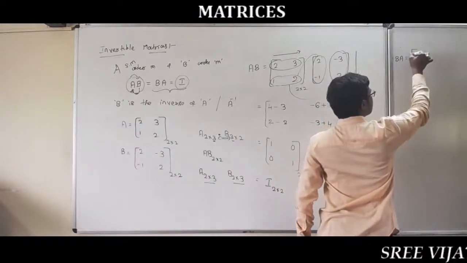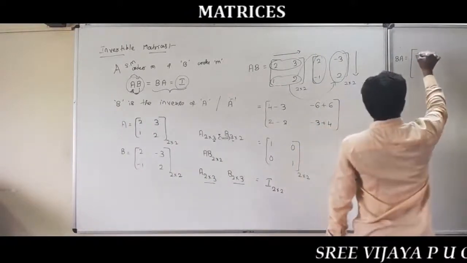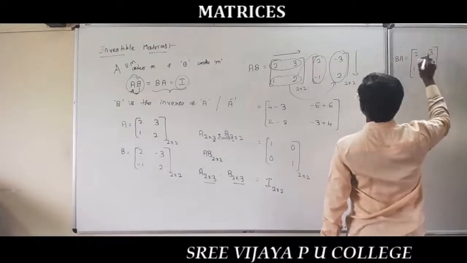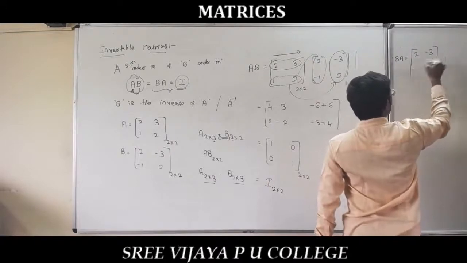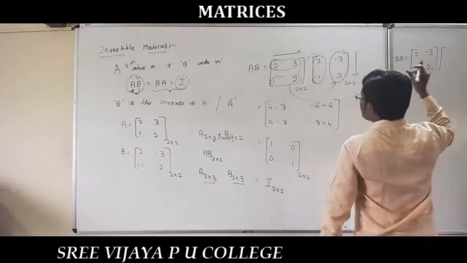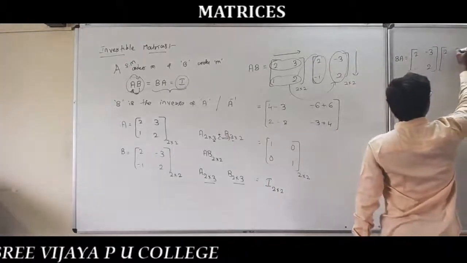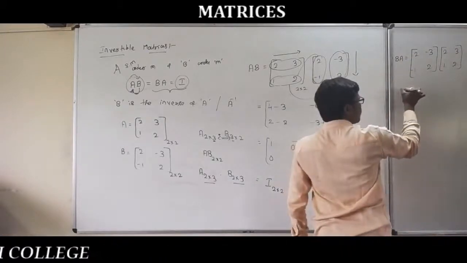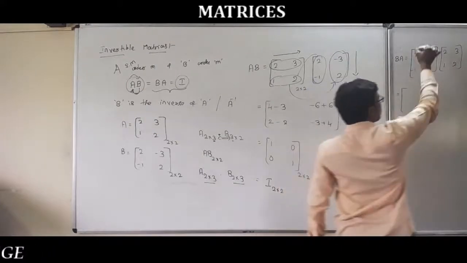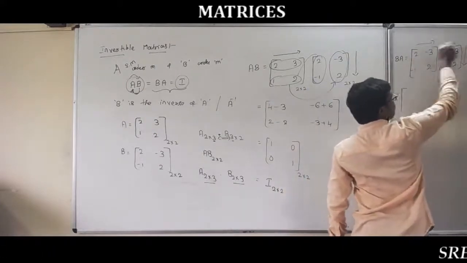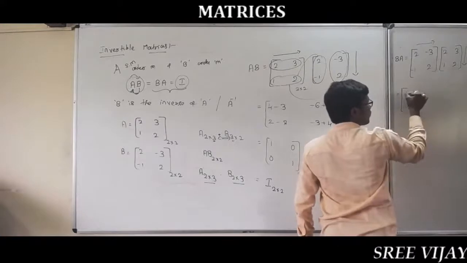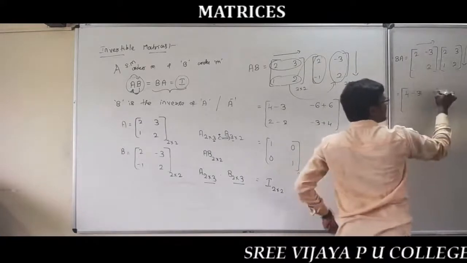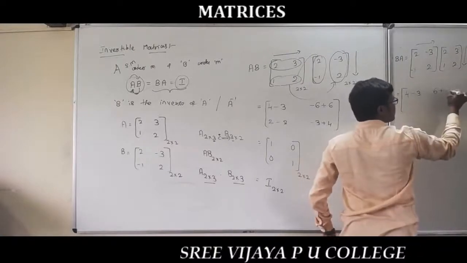So what is the B matrix? Sorry, B matrix is 2, minus 3, minus 1, 2. And A matrix is 2, 3, 1, 2. How do you multiply the matrices? Row by column. First row with first column, first row with second column. 2 into 2 is 4, minus 3 into 1 is minus 3. 2 into 3 is 6, minus 3 into 2 is minus 6.